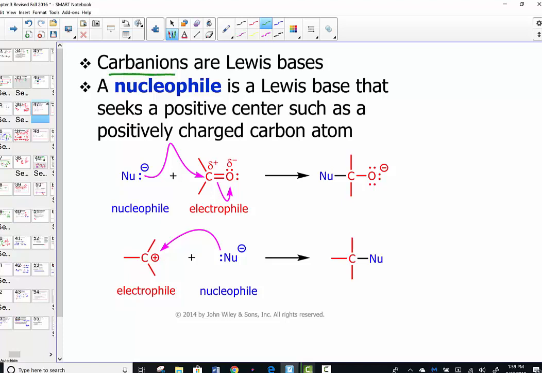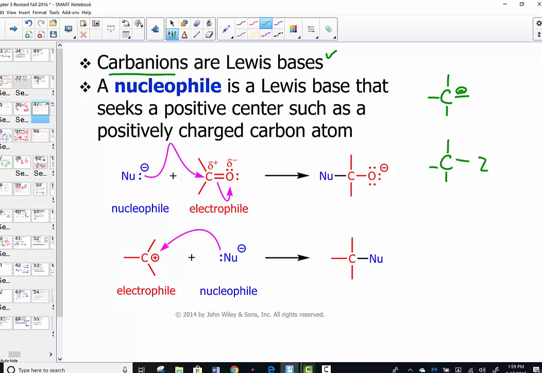Carbanions are Lewis bases. Remember, to be a carbanion, you have an extra electron, right? So you have a negative charge on this particular carbon. So somehow this negative charge has been here because the electrons collapsed. Let's just redraw.